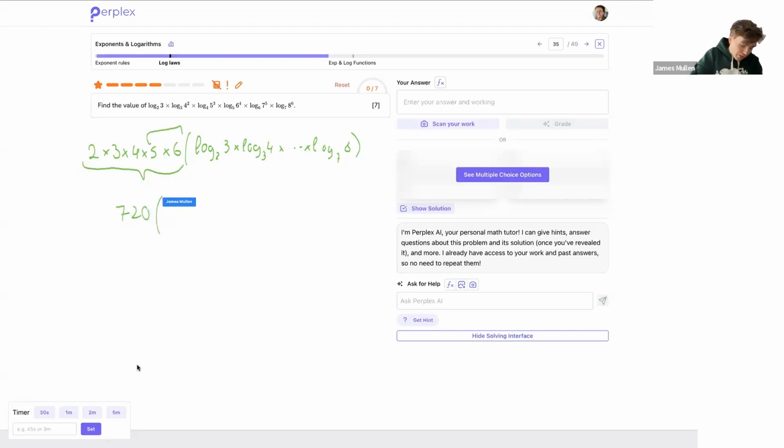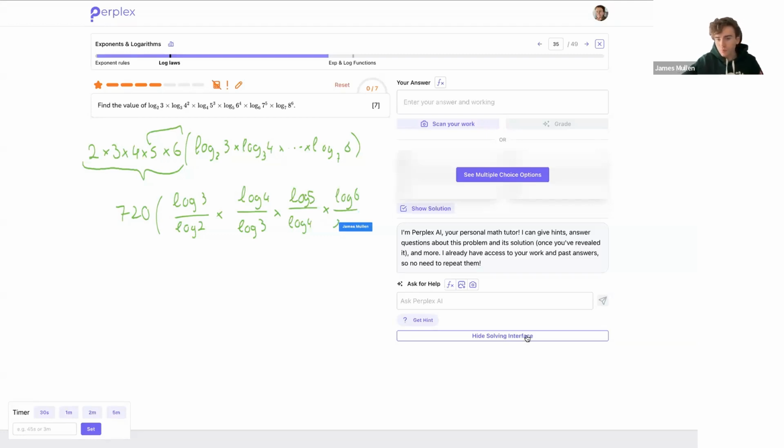And now I'm going to rewrite each of these logs using the log change of base. So I'm going to write log base 2 of 3 as log 3 over log 2. I'm going to write log base 3 of 4 as log 4 over log 3. The next one is going to be log 5 over log 4, log 6 over log 5.